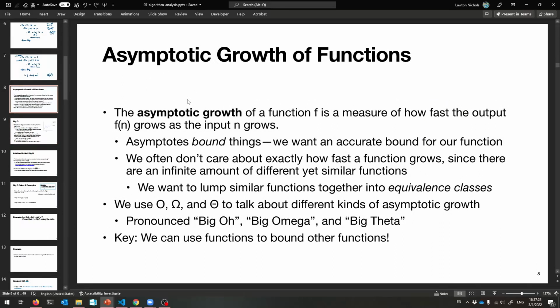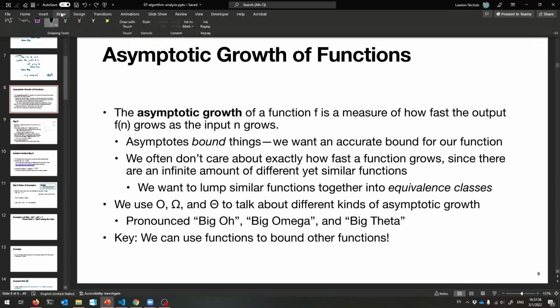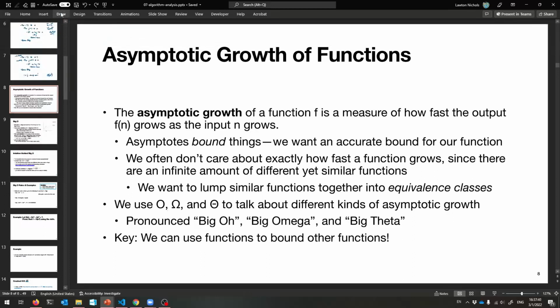Okay? So let's talk about the asymptotic growth of functions, because that is what O of n is doing: O of whatever, big O notation, big theta notation, big omega notation, if you've heard of all of those. Those are representing the asymptotic growth of how a function is getting bigger.